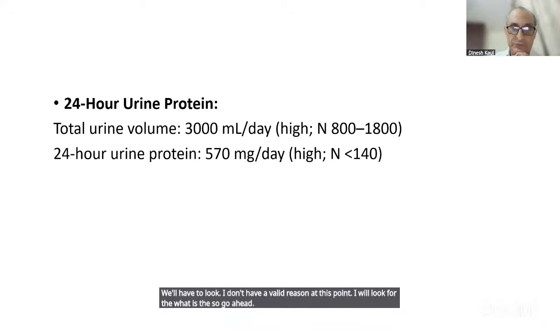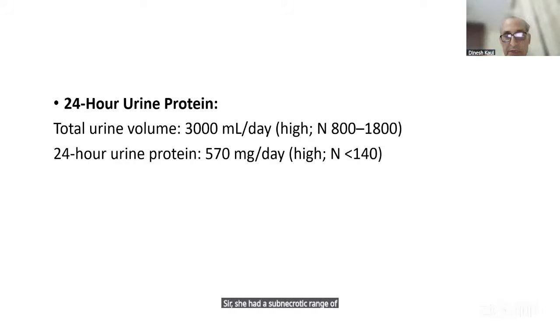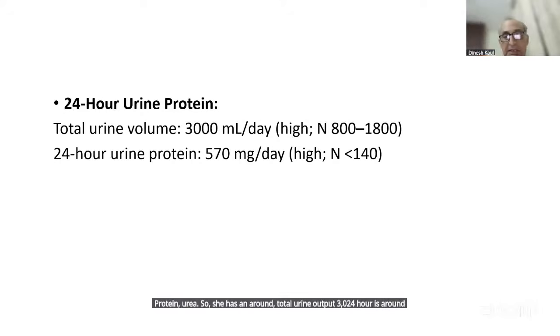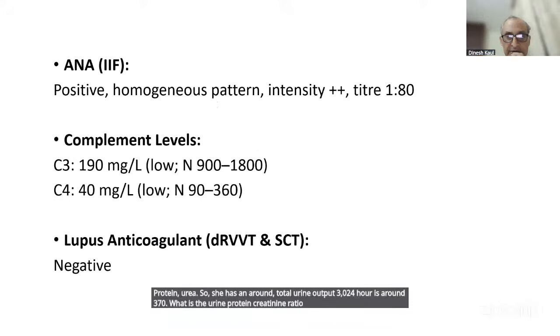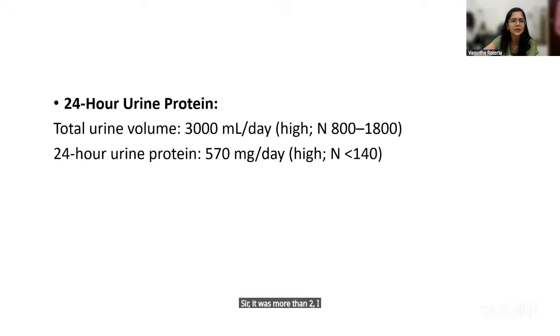Anything else left out? So she had a subnephrotic range of proteinuria. Yes, sir. Total urine output is around 570, and the 24-hour protein is around 370. What is the urine protein creatinine ratio? Do we have that? It was more than 2. I have not added it yet. That is significant.